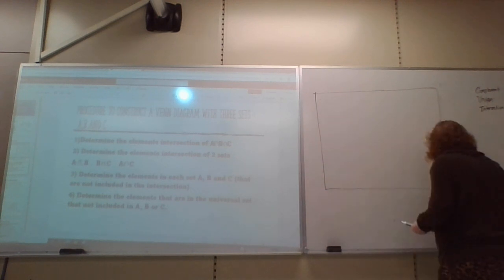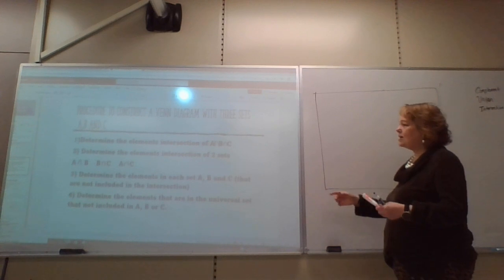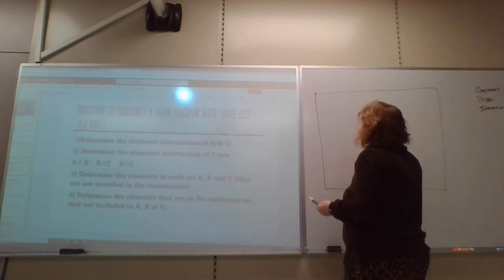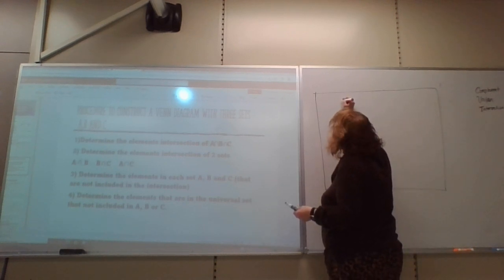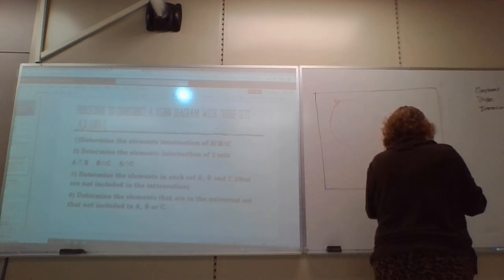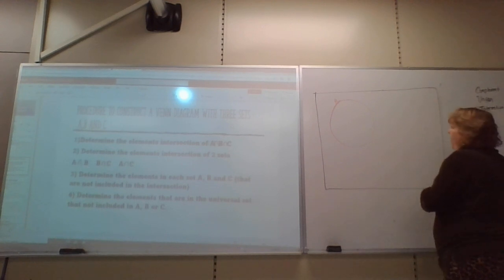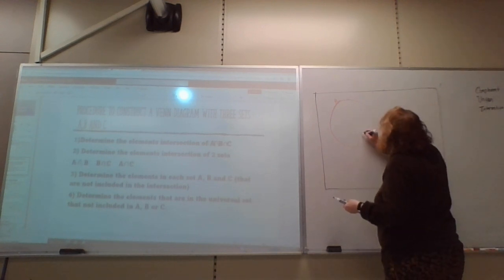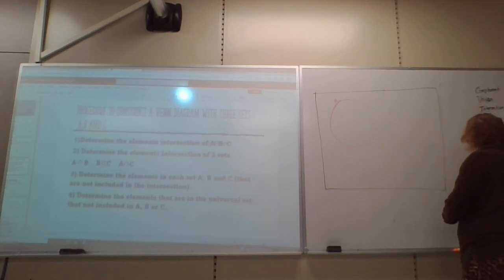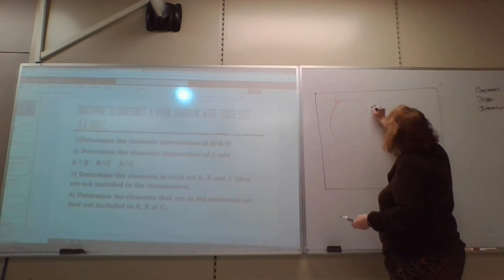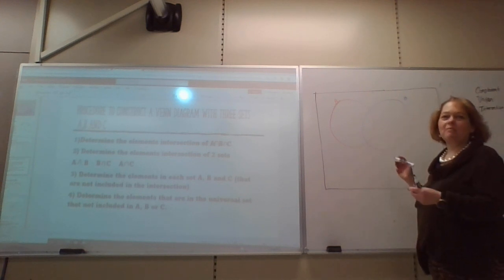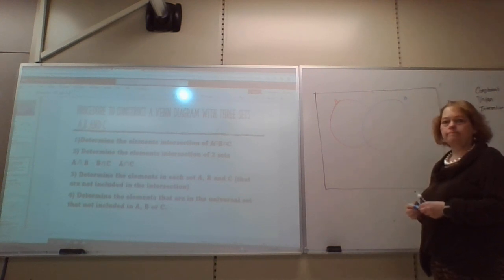Okay, so I'm going to do it in different colors. It looks like we have an A, B, and a C. That's my A. This is my B, and they're supposed to be the same size, but I didn't get a degree in art.